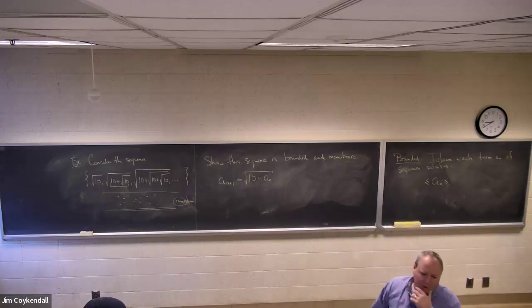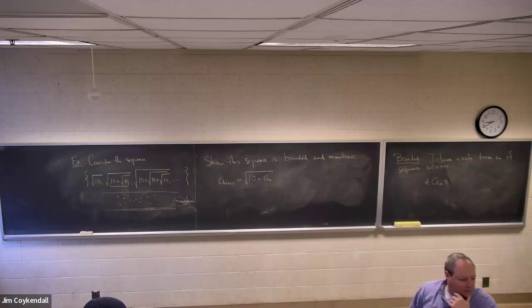I don't care how naive you are. Okay. Be more naive than that. What you say is true, but it depends on how you know the next term is bigger. Well, it is because it's the square root of 10 plus a little bit more, but how do you know that about those other terms?